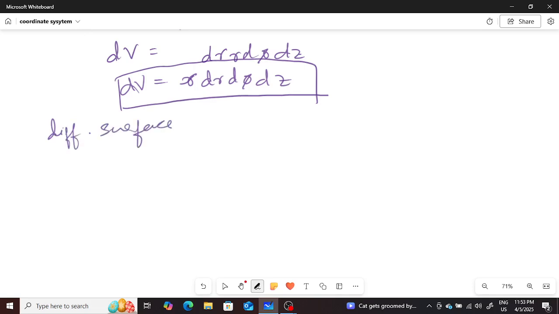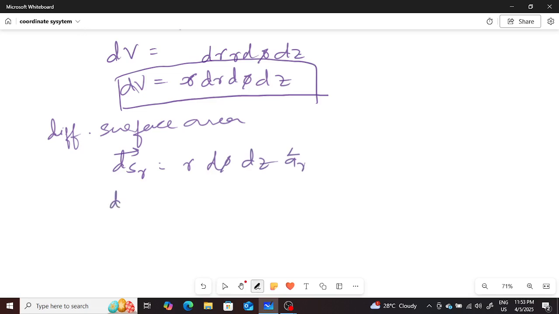Then comes the differential surface area. ds_r, which is the differential vector surface normal to r direction, is nothing but excluding dr, r d phi dz in a_r direction.